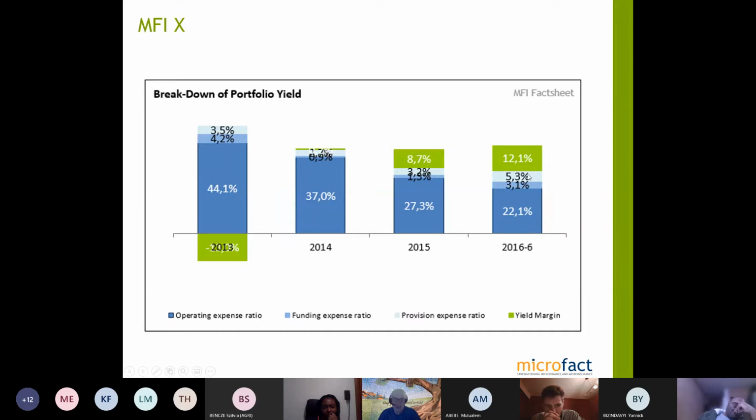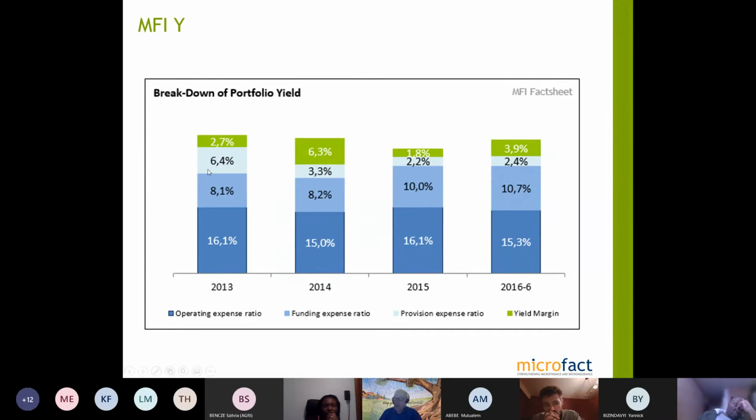So this organization has quite important provision expenses to create, and you remember it was just at 100% that they arrived, halfway through the year, with the loan loss reserves. If we look at the other one, you remember that they had a huge write-off in 2014, so they probably created these loan loss reserves in the year before, anticipating very high provision expenses.